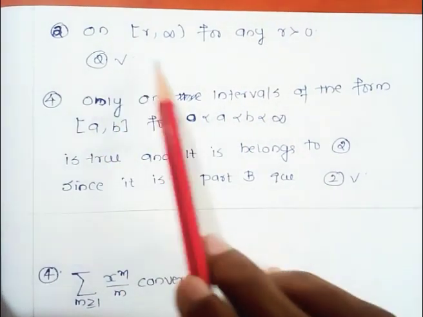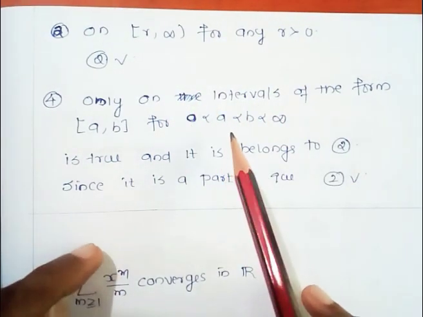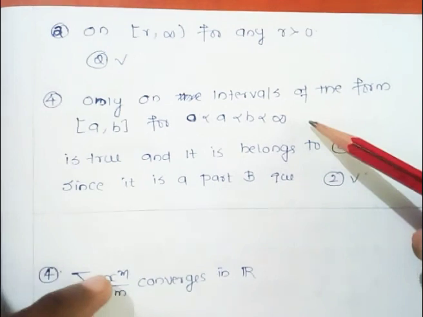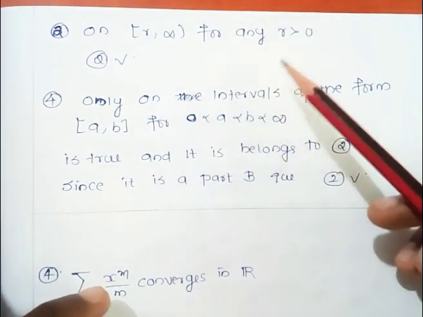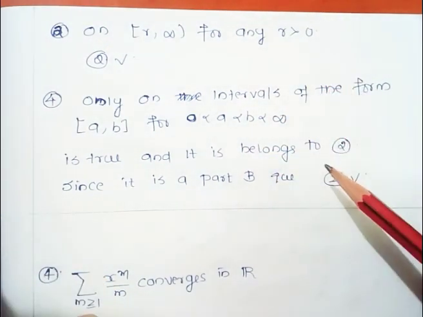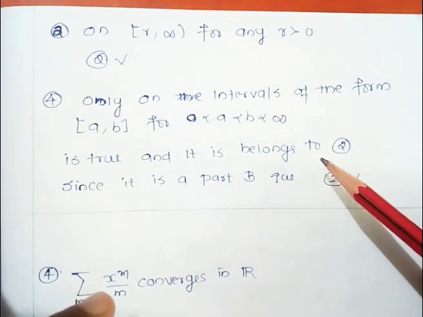This interval is part of that interval, so it's a true statement, and it also belongs to our second option. Since it is a part B question, we are taking the more precise answer.